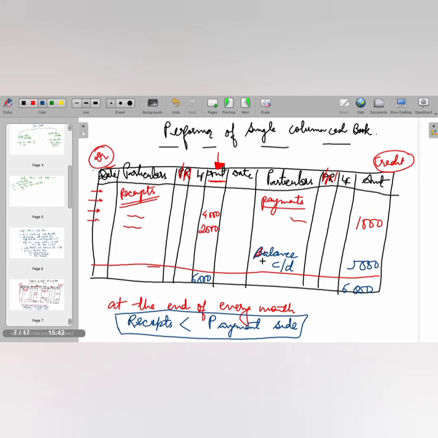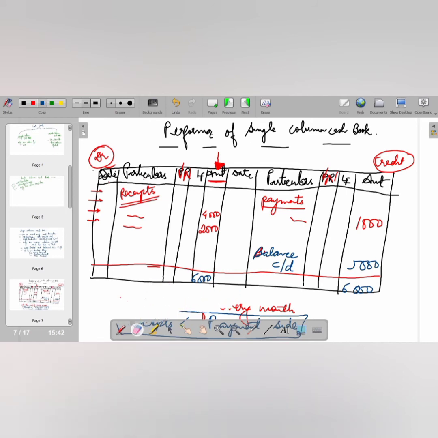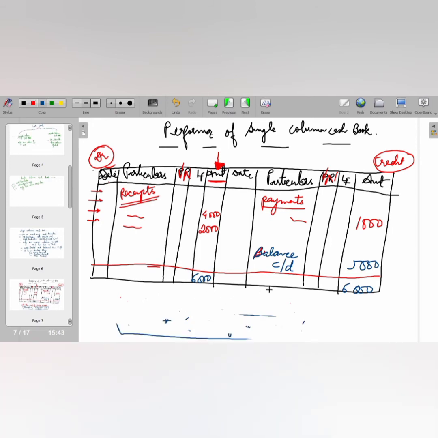Fine. Now what happened to this balance CD? This balance CD is brought forward to the next month.